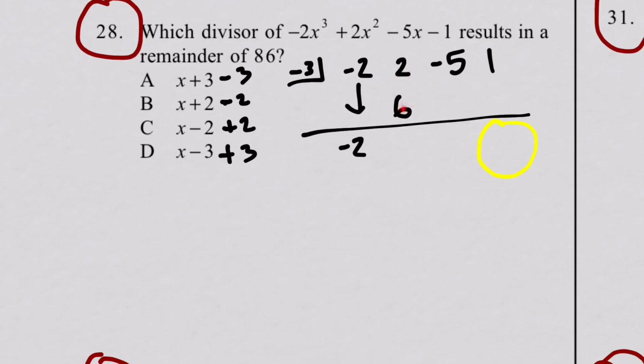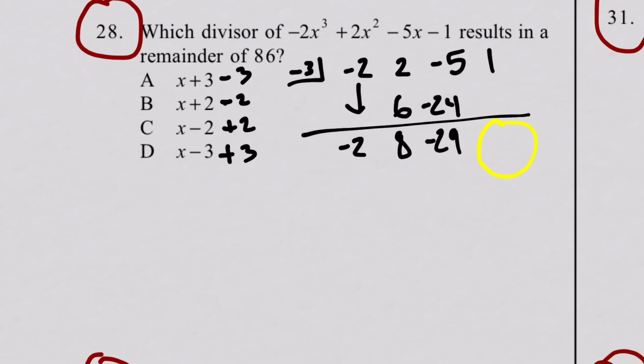Now combine these two right here. 2 plus 6 gives you 8. Then do the multiplication again. Negative 3 times 8 gives me negative 24. Negative 24 and negative 5 combine to make negative 29.